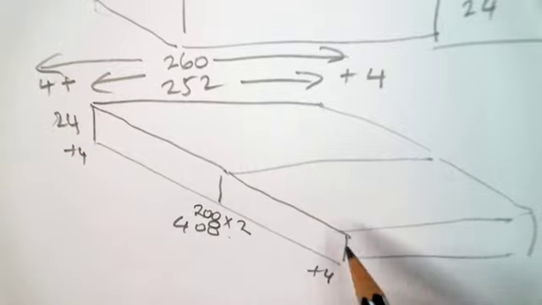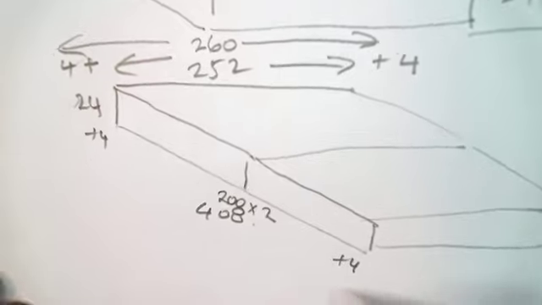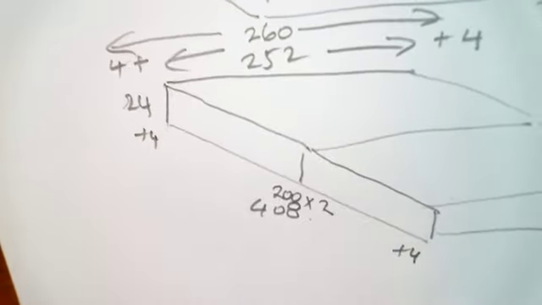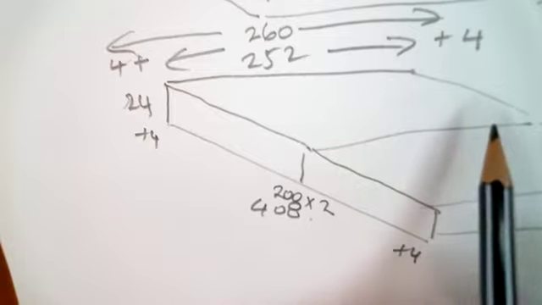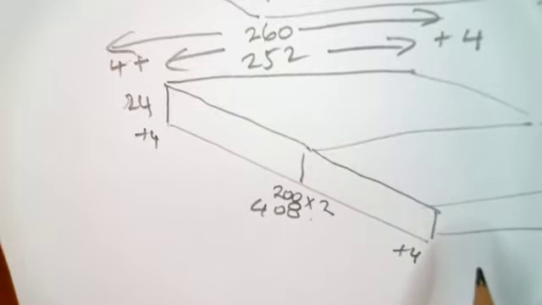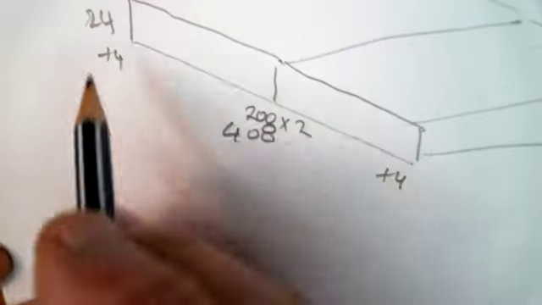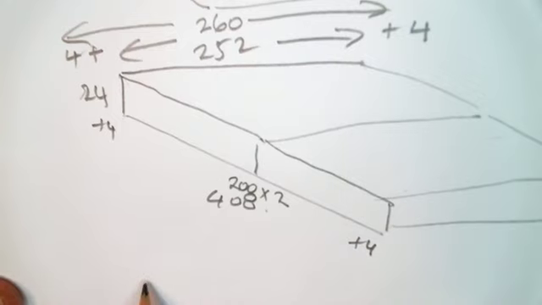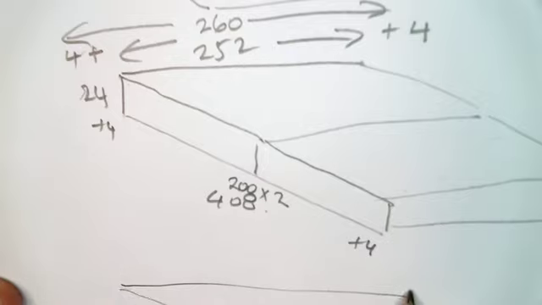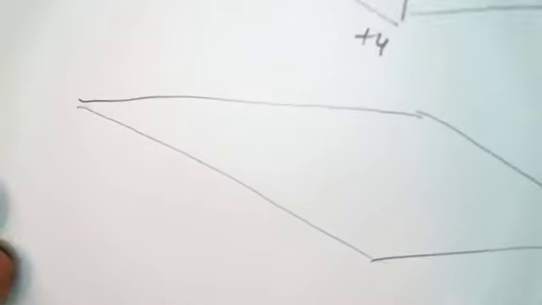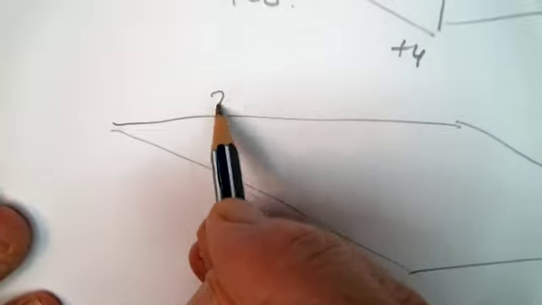And of course, deep. Now, how deep is this thing going to be? Well, it's going to be 24. Now, this is where it gets a bit tricky. So you've got the width, which is great. Now, the depth of it is going to be 24, and I'm just thinking about how the corners would go. So you've got the cover on the top here, and this is going to be 260.